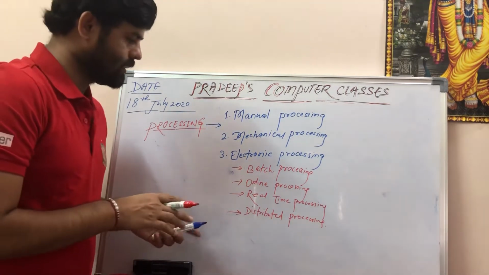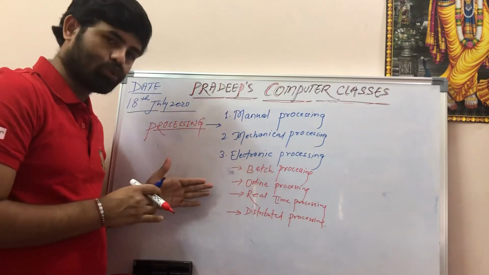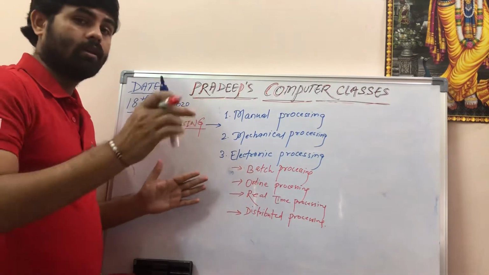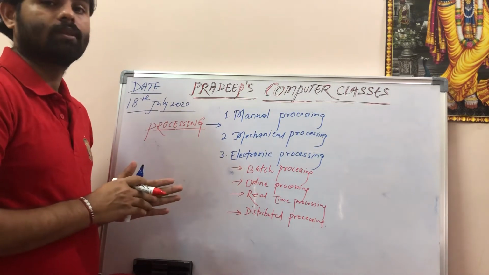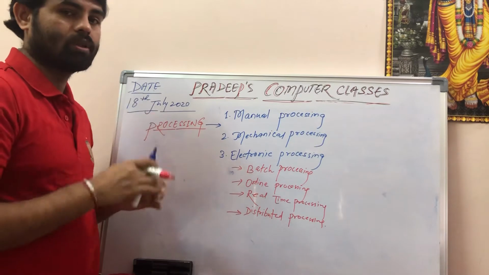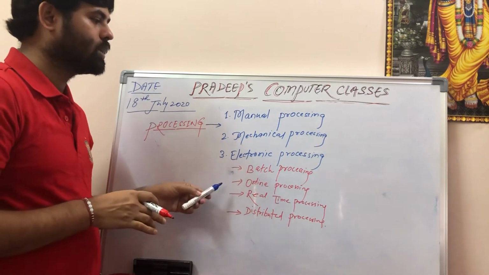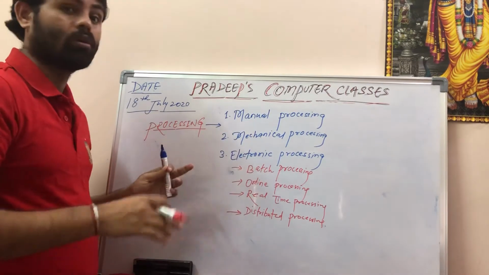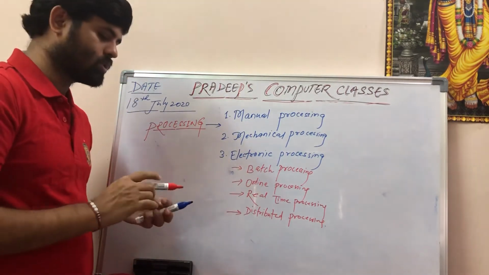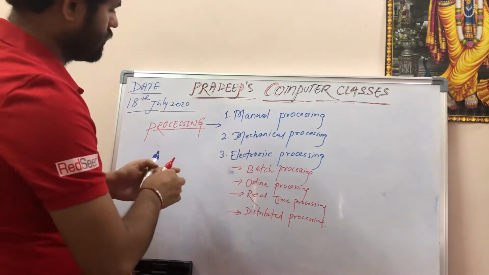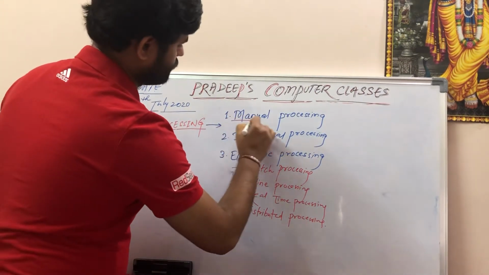So basically, all these things are in the basic part, basic computer, and nobody understands these things. But because of the interest, I just wanted to explain these things so that you should be aware of what processing is and what all types of processing actually exist in the world. So first is manual processing. I will talk about manual processing.